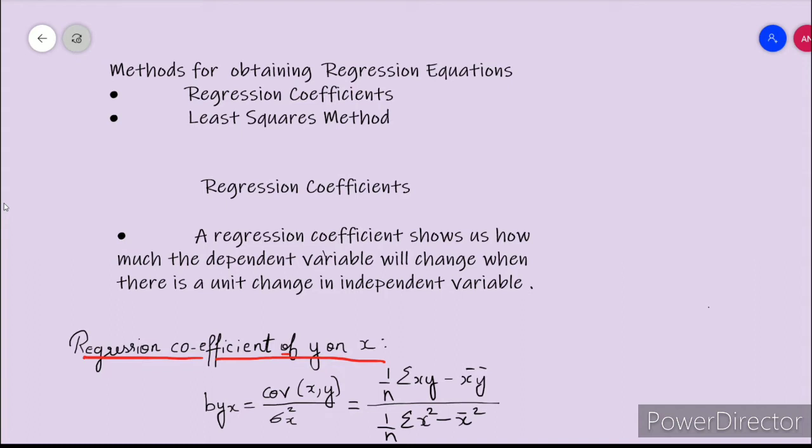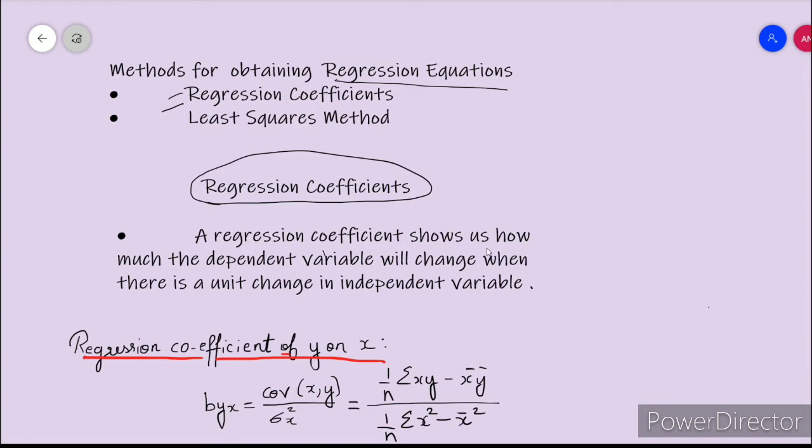But in regression analysis, we are interested in regression equations. There are two ways in which we can find regression equations. The first method uses regression coefficients, and the other is based on the concept of the least squares method. So we'll take up the first way of finding regression equations.